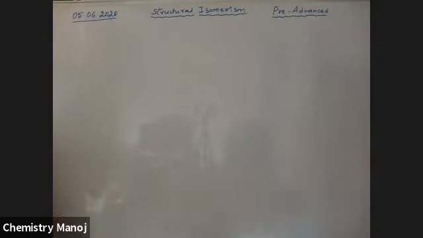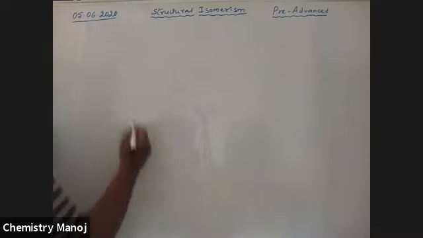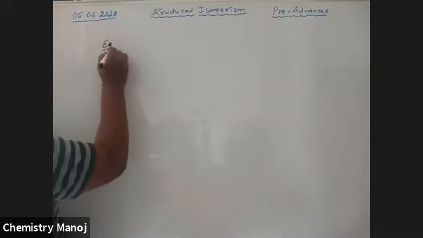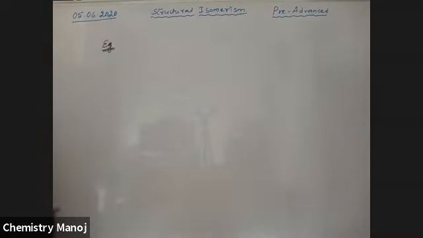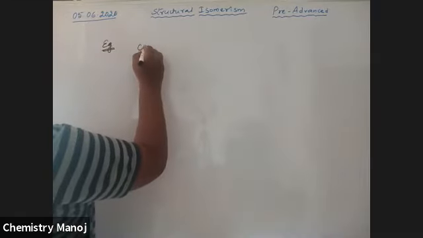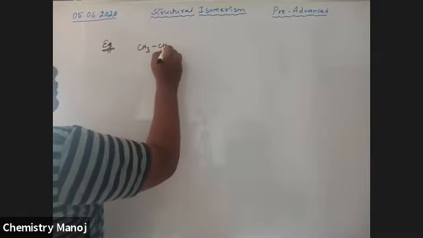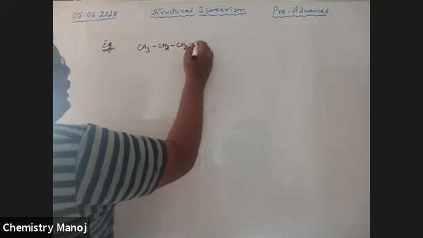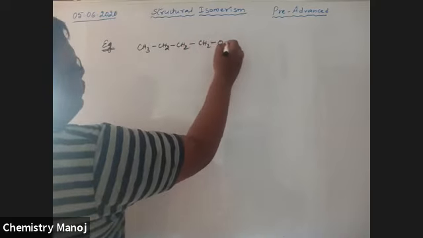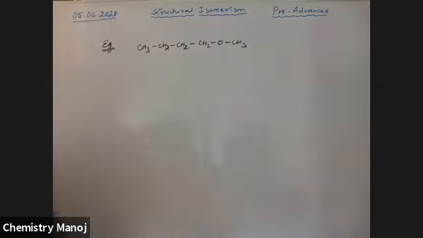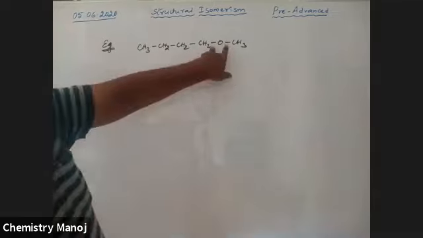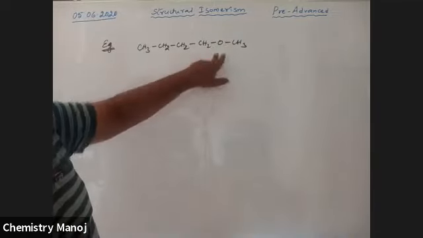Now, examples. Let us take CH3CH2CH2CH2OCH3. So this is one class of compound where there are two free valencies.